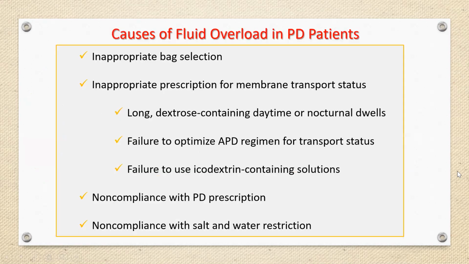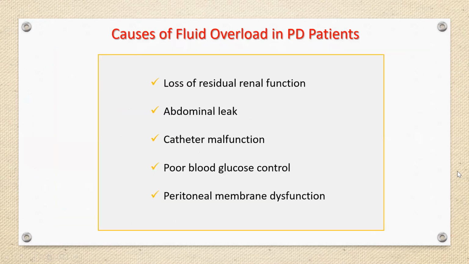First is inappropriate bag selection, inappropriate prescription for the membrane transport status, long dextrose containing daytime or nocturnal dwell, failure to optimize the APD regimen for the transport status, and failure to use icodextrin containing solution. Non-compliance with the PD prescription, non-compliance with salt and water restriction. There is a loss of residual renal function. There is a mechanical failure like catheter malfunction, abdominal leak, poor blood glucose control, or peritoneal membrane dysfunction.